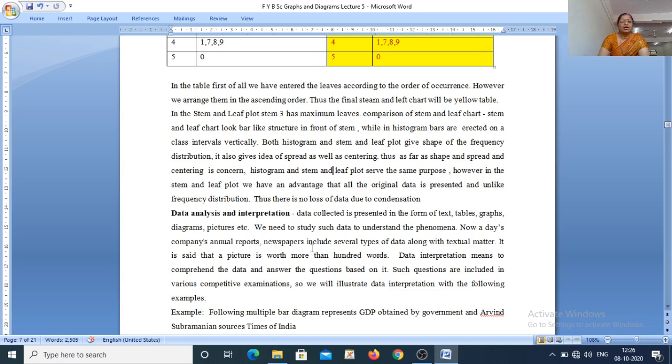Nowadays, companies' annual reports and newspapers include several types of data along with text. Now, students, you must be familiar with the graphs which we are now seeing on the TV screen, in magazines, and in newspapers about your COVID data. So, how many COVID patients are found?